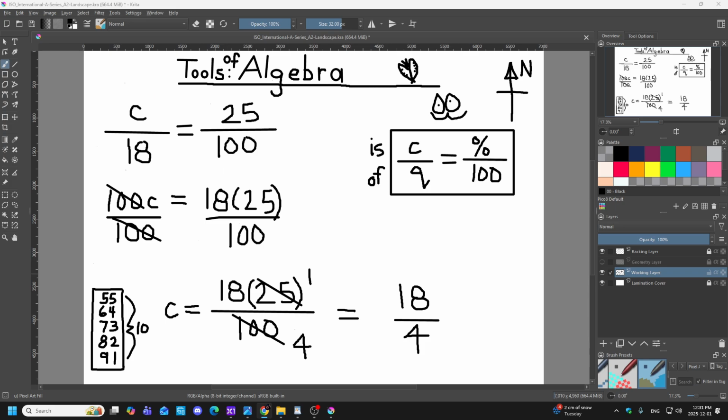So let's save some time. 18 divided by 4. See if I can figure it out. 4, right? So that's 16. We're left with 2. We kind of have to borrow a 0.